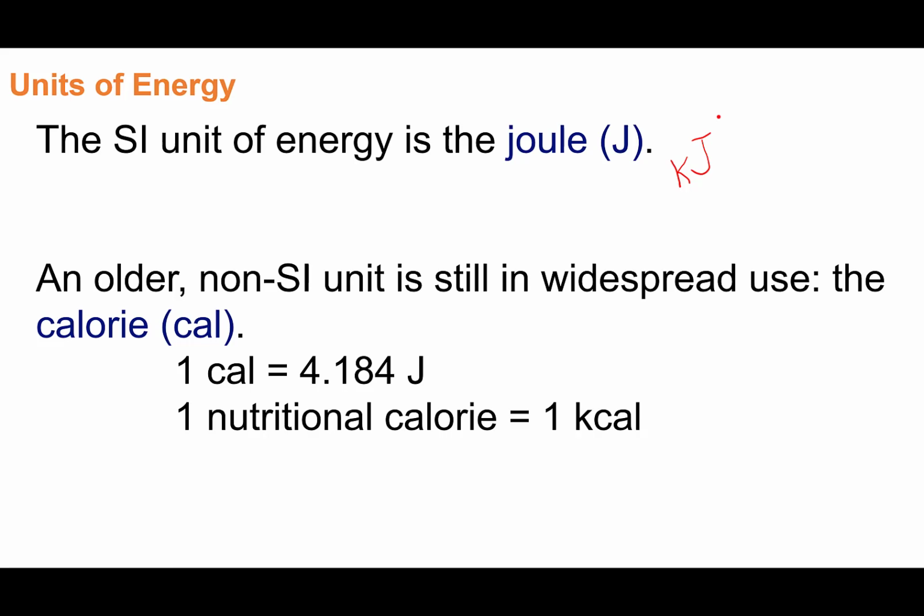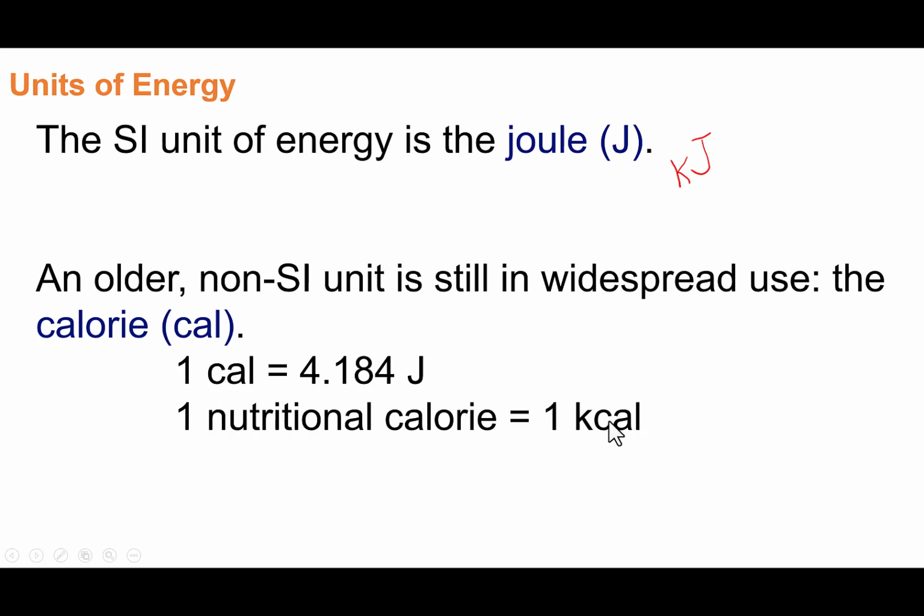Other units that we use for energy, or that you've seen, would be like a calorie. A calorie is the amount of energy needed to burn something. Calorie is also a unit for energy, and we typically see this in nutrition. But know that a nutritional calorie isn't just this teeny tiny regular calorie.